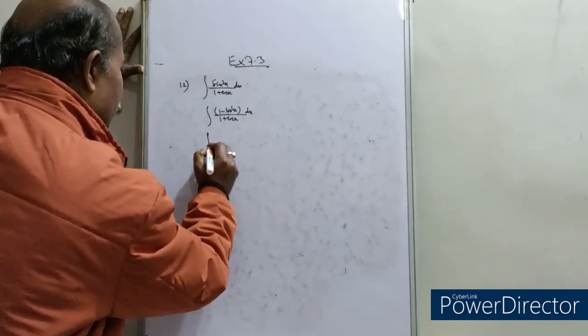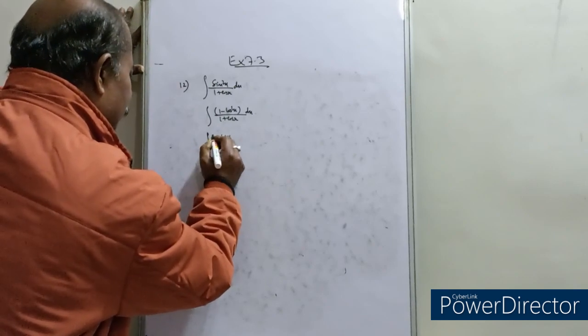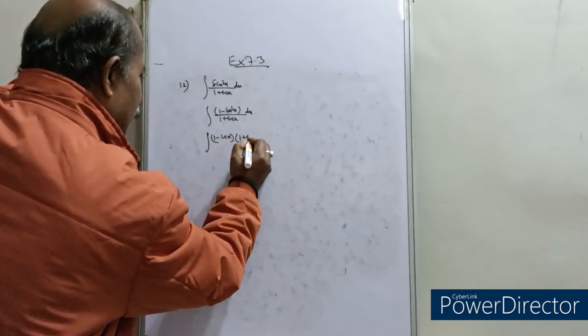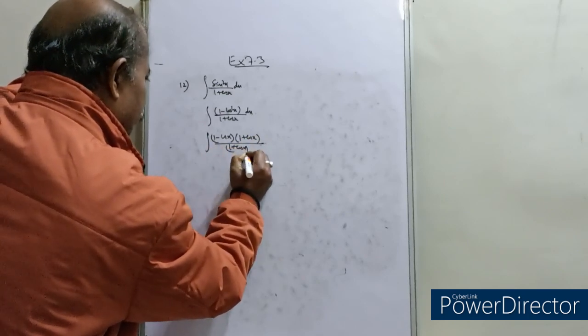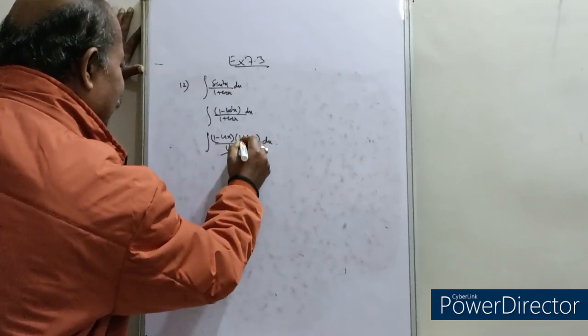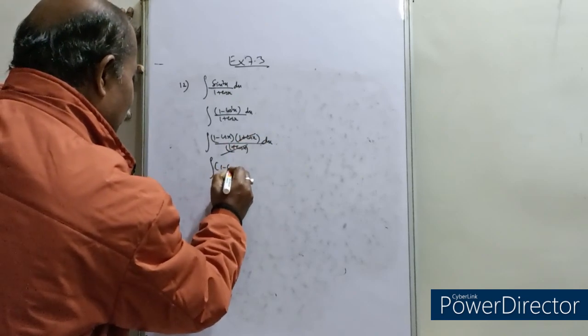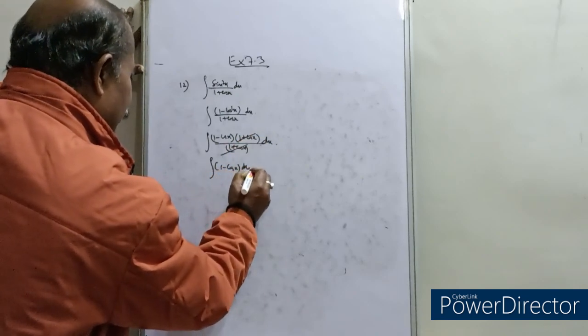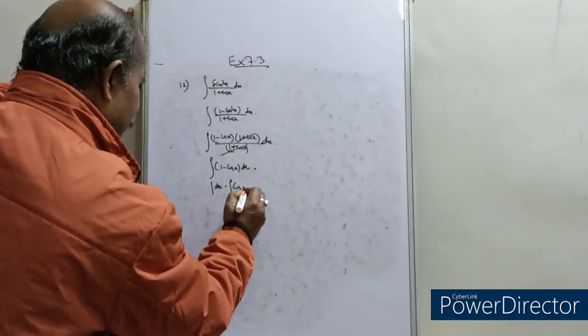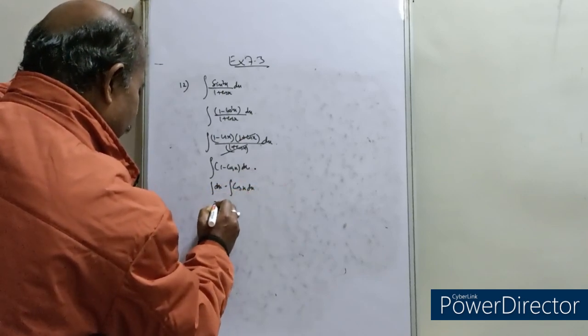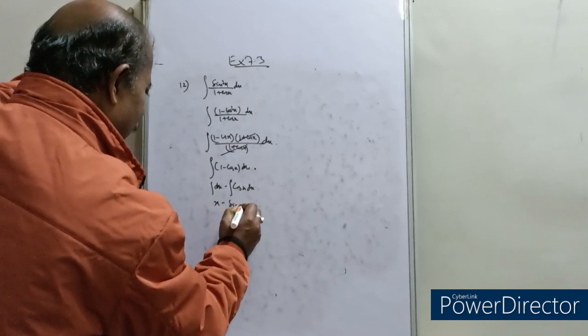So this is 1 minus cos x into 1 plus cos x by 1 plus cos x dx. So here this cancels out. So 1 minus cos x dx. So this is equal to dx minus cos x dx. So this is equal to x minus sin x plus c.